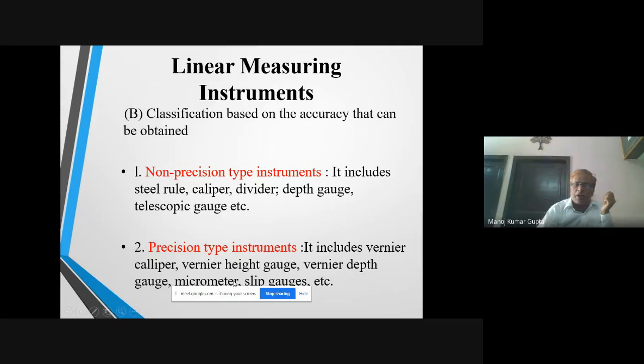It is very precise measurement with the help of vernier caliper, micrometer, etc. With the help of a steel rule, we can take a distance like 5.4 millimeter, but beyond that we cannot go. If we want to go up to 2 decimal places, we have to use vernier caliper or micrometer, etc.